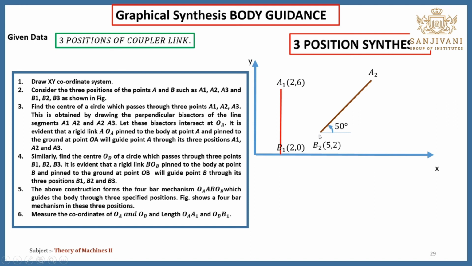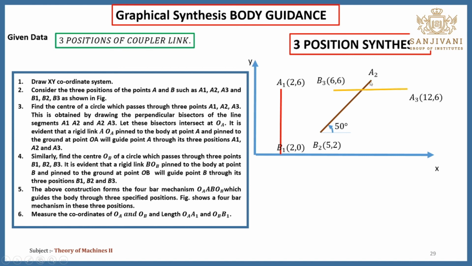Again, you need to define this point B2, which has x coordinate 5 centimeter and y coordinate 2 centimeter. You have to draw one inclined line of 50 degrees, and the link length that you calculate from this, which is 60 mm, gives you the point A2.